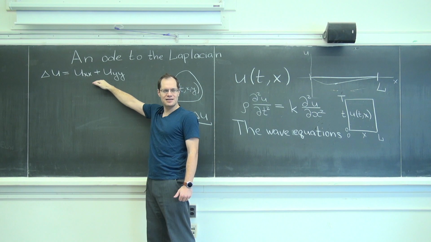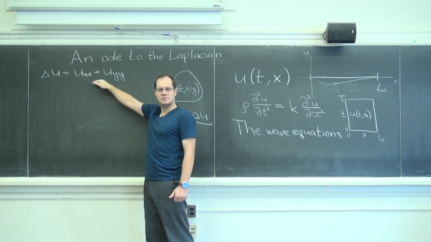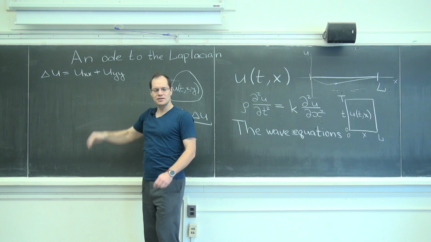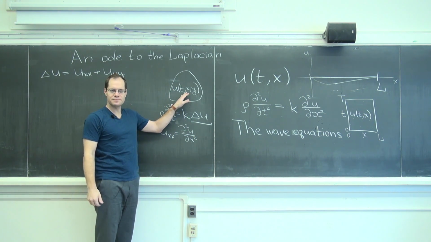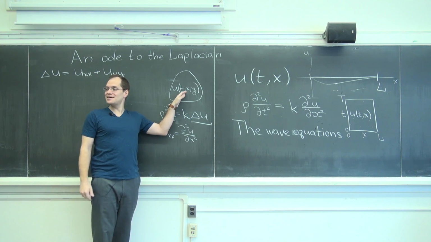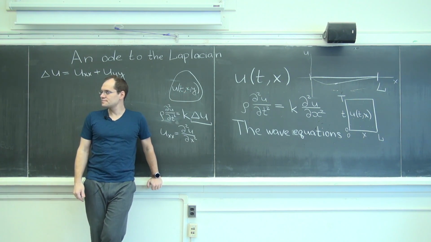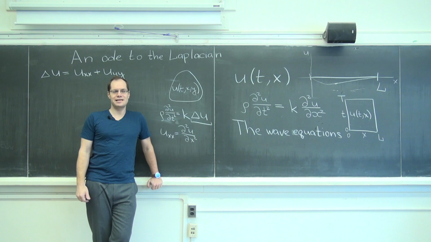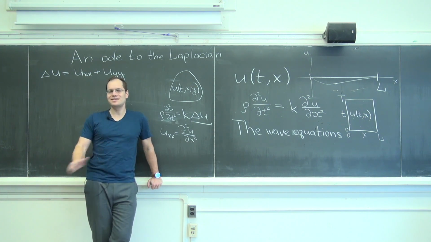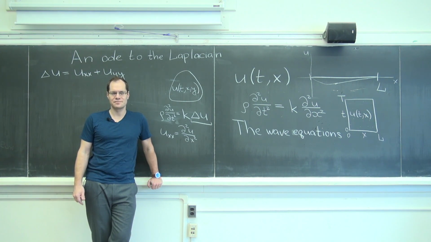An expression like this should fill you with suspicion. And the suspicion is that you look at this drum, and does the drum, rhetorical question, know anything about the x and y coordinates? Did it meet Descartes? What does it care about Cartesian coordinates? It knows nothing about the Cartesian coordinates.